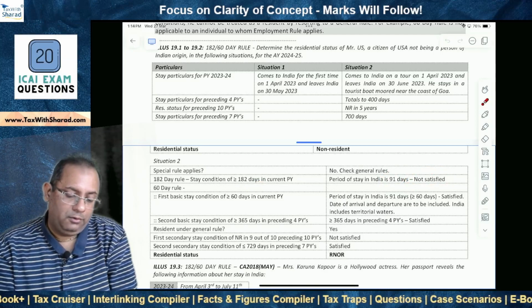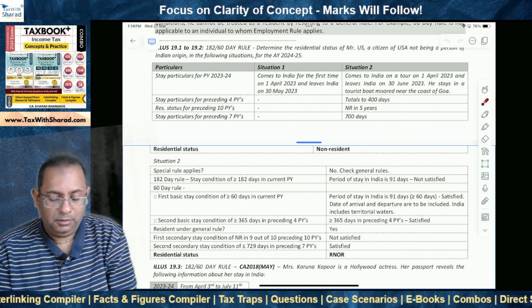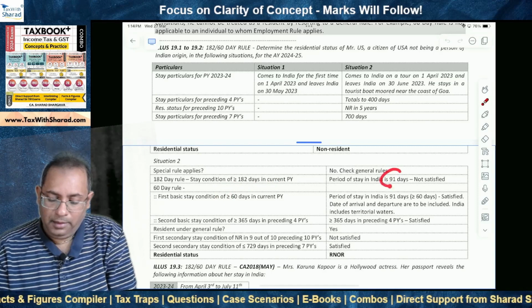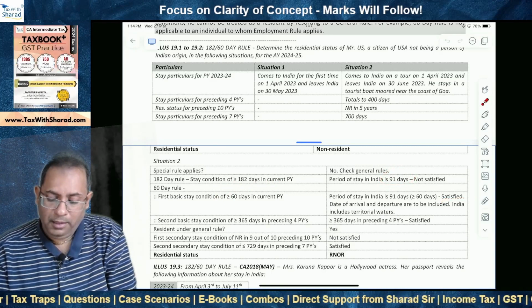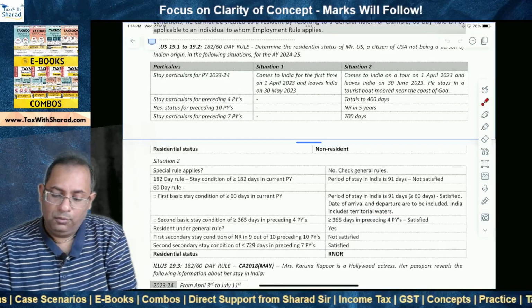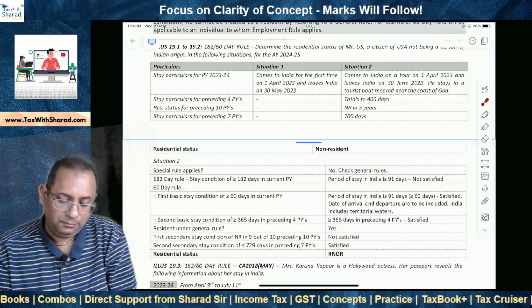Next we move to the alternate rule, which is the 60-day rule, and the first basic stay condition is what? Should be 60 days or more in the current previous year, and it is 91 days, so this condition is satisfied. India includes territorial waters, so even if he is in a tourist boat moored near the coast of Goa, it doesn't matter, the period will be included as presence in India.